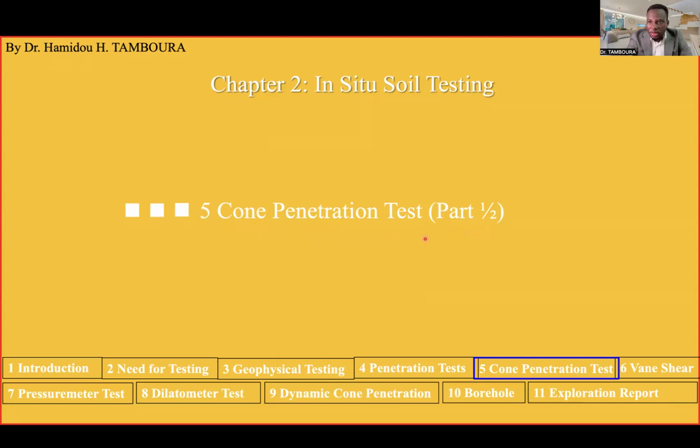This first one will be just about the test, the equipment that is used in the test, and how the test is done. In the next video we will deal with the data, how to interpret CPT data, and how to obtain soil parameters from the CPT result.